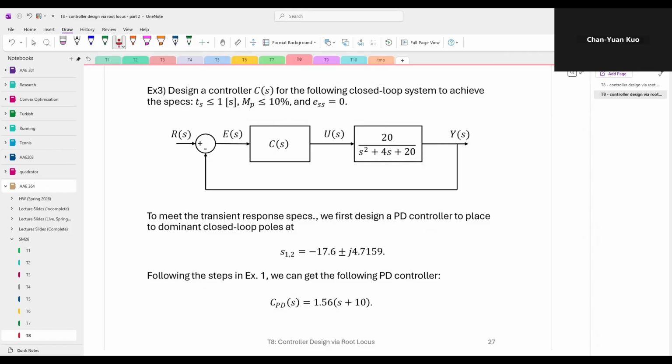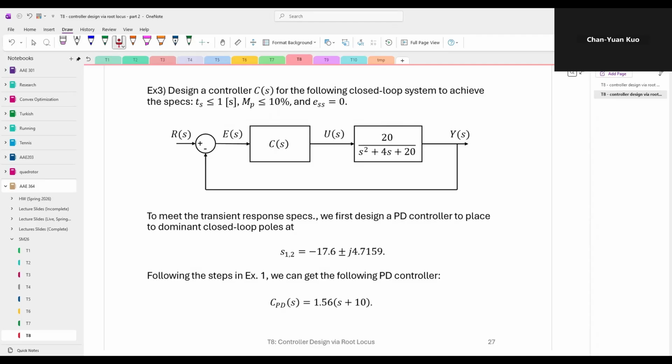A PD controller can be used to achieve the desired transient response by placing the dominant closed loop poles at the desired locations, while a PI controller can be used to eliminate the steady-state error by introducing integral action. Therefore, by combining a PD controller with a PI controller, we can obtain a PID controller that can satisfy both the transient response and steady-state specifications.